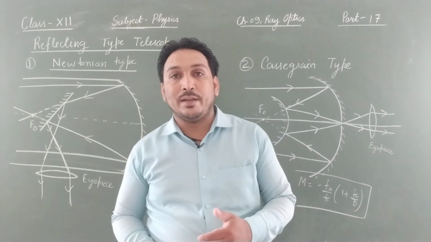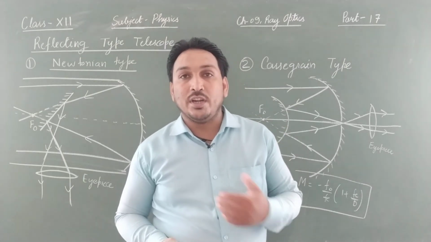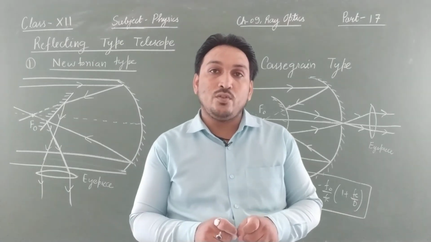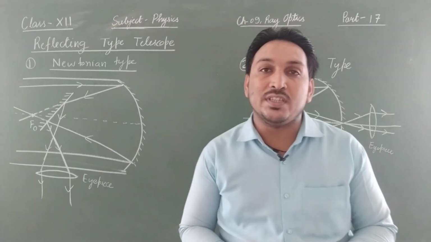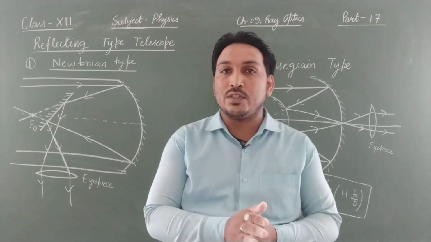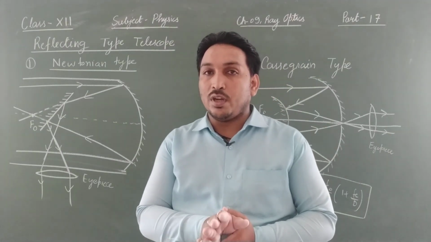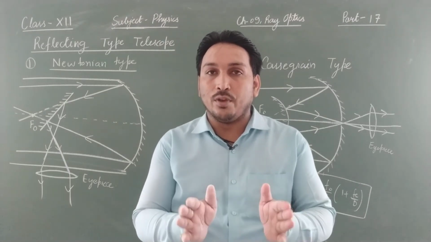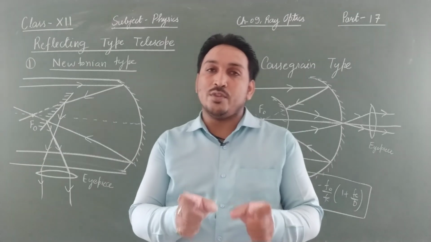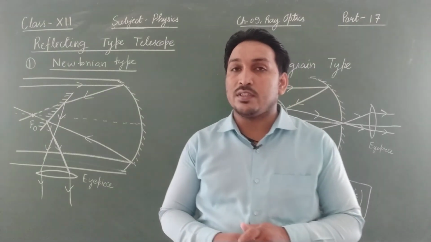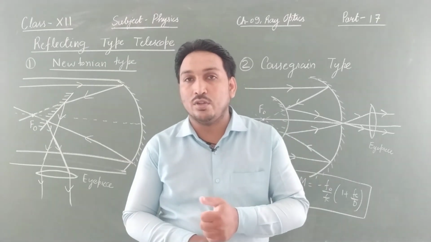Resolving power is the ability of an optical device to show two images of two very close objects distinctly. If the objects are very close and an optical device separates their images, we say that optical device has more resolving power.